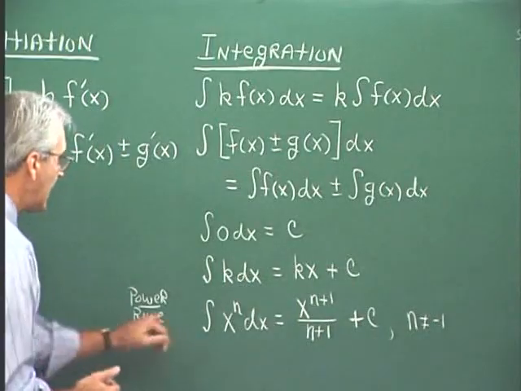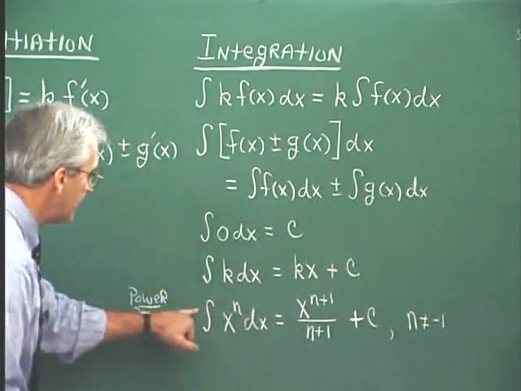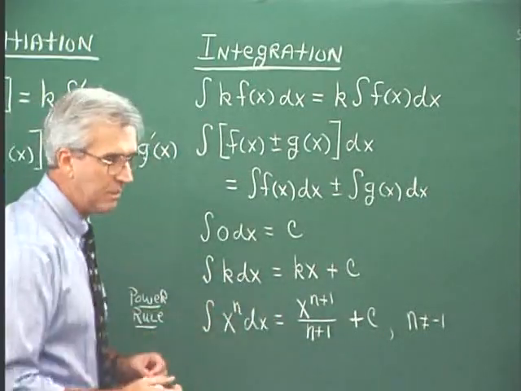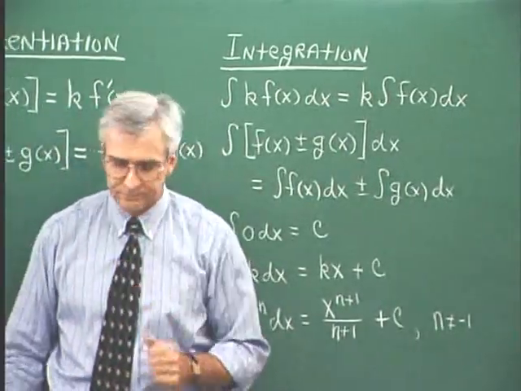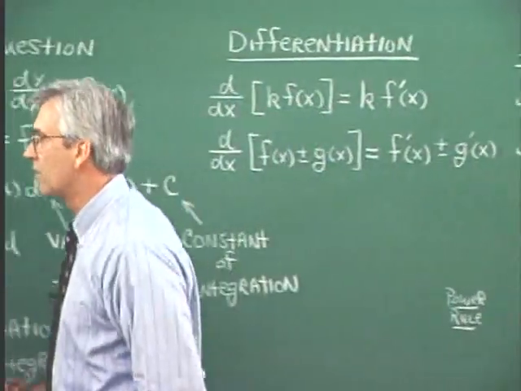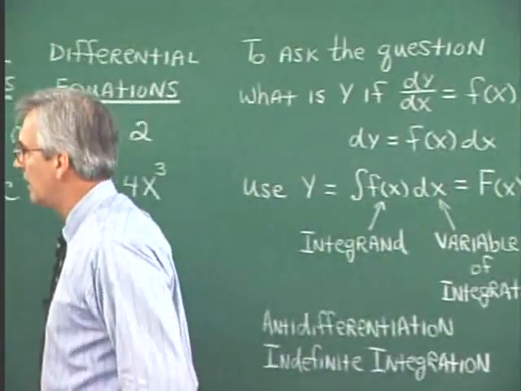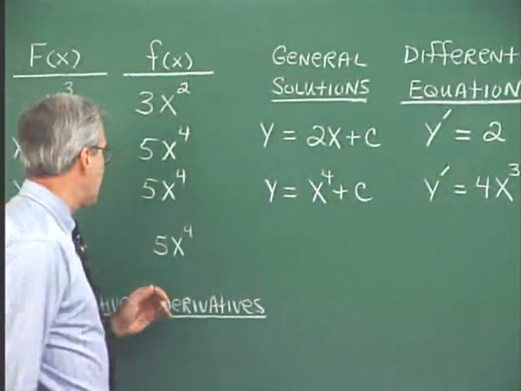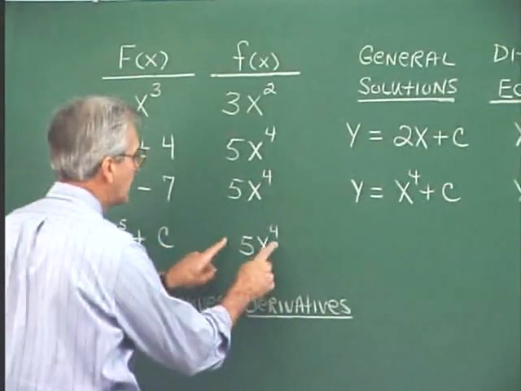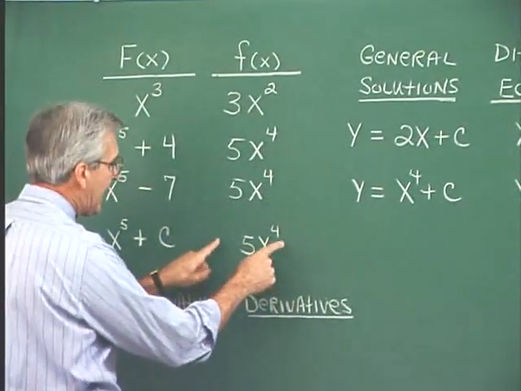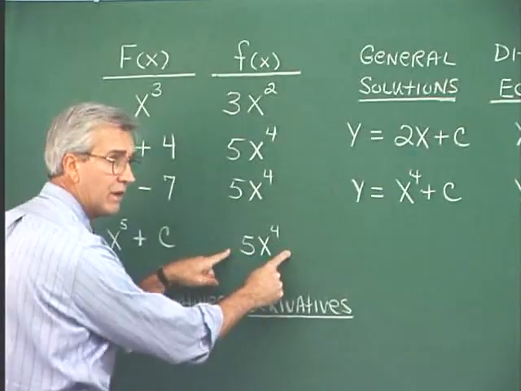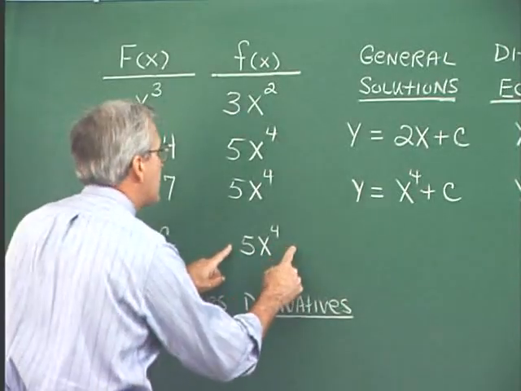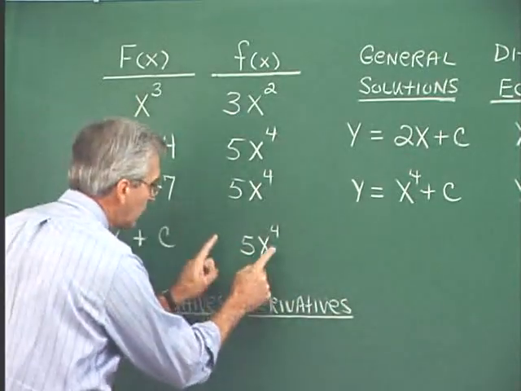Now let's take this power rule idea and apply it over here. Let's slide back over here for a moment and think about this from a mechanical standpoint. If we are going to find the antiderivative of this derivative, then we're taking the integral of this.